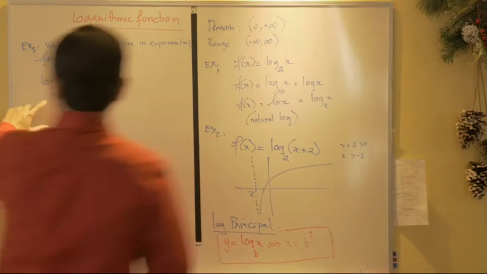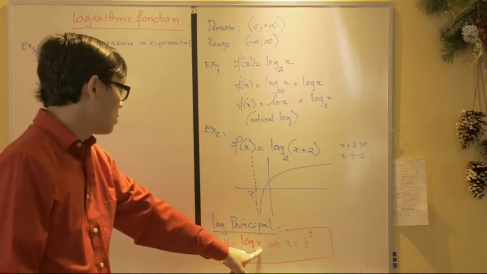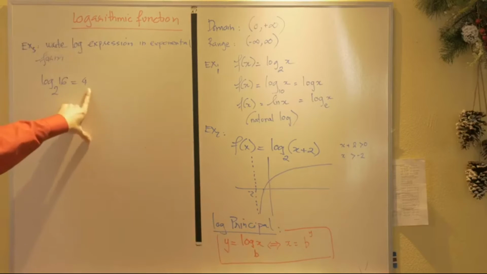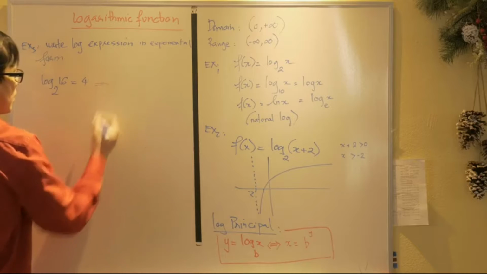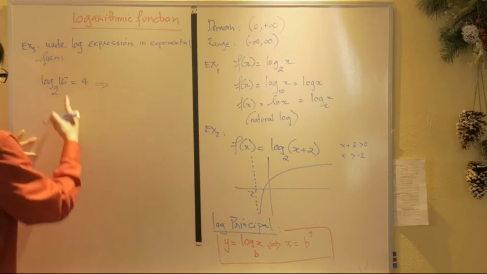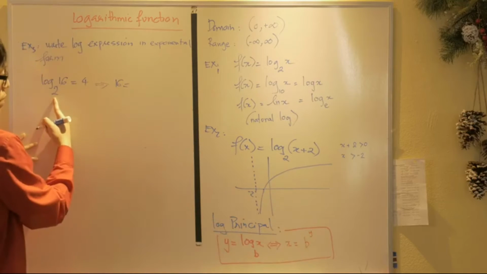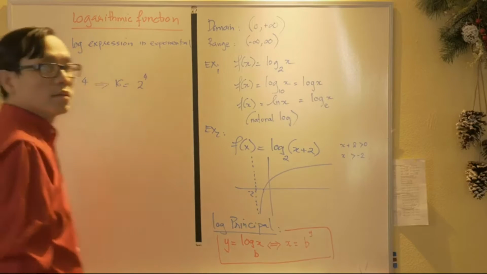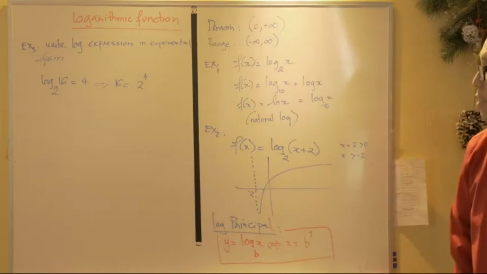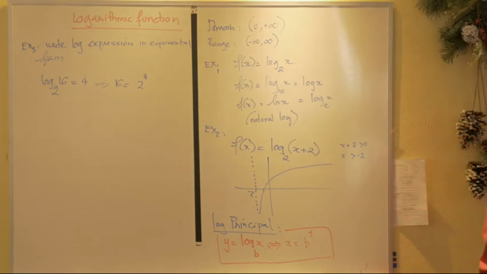In this case b is 2, the base. 16 is x, and 4 is y. Then I can write it in exponential form easily. X is 16, I keep it. X equals b to the y, so 2 to the 4. Very easy. You just need to memorize the log principle.